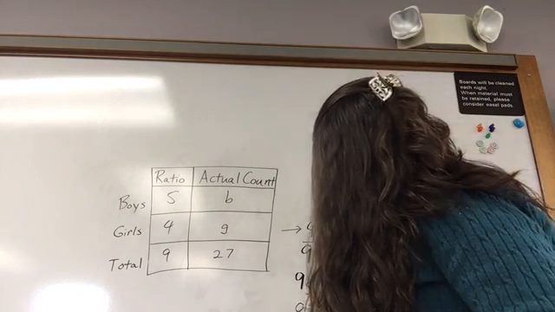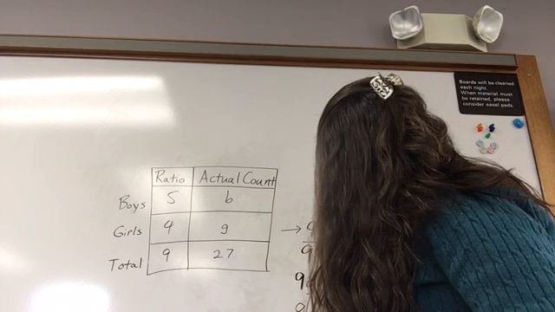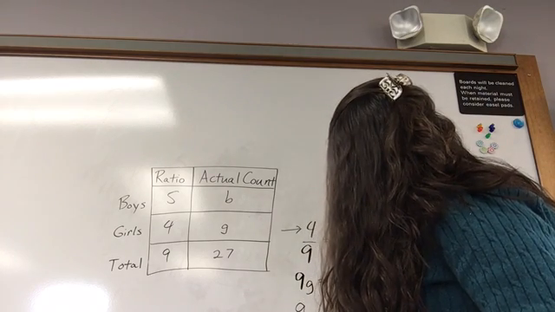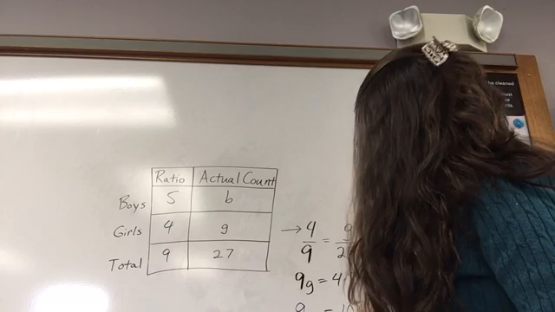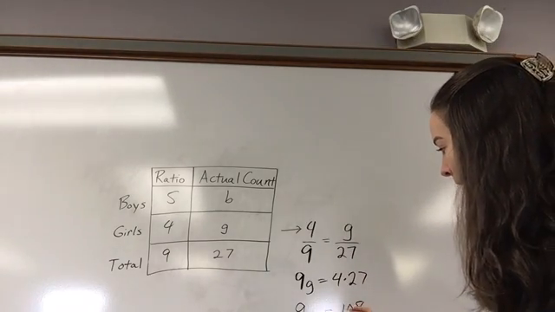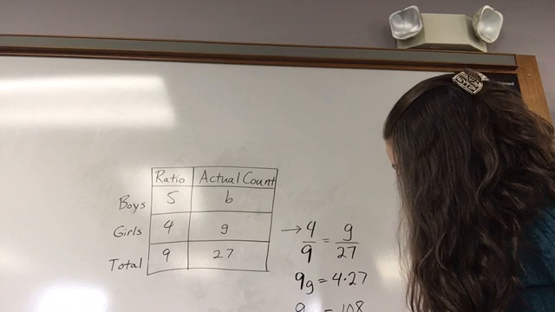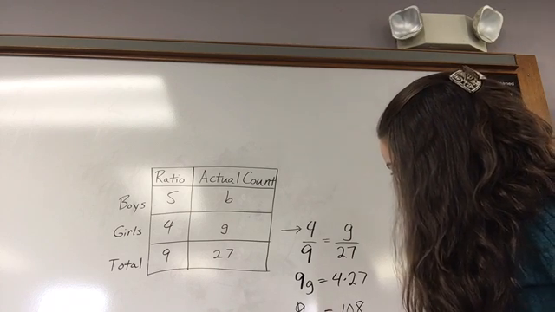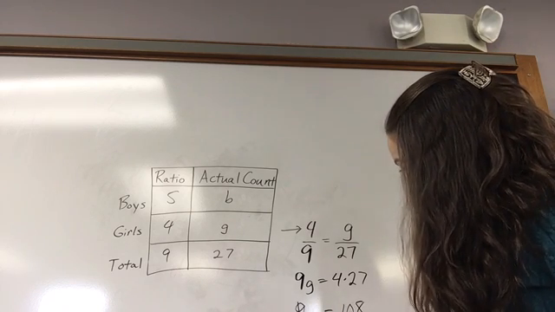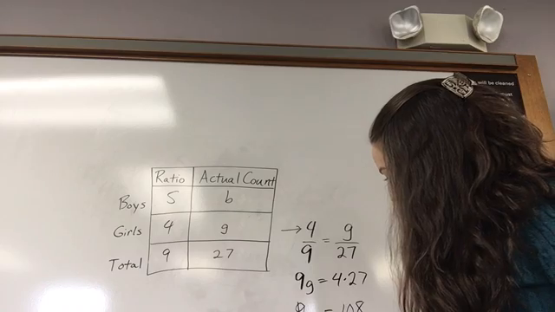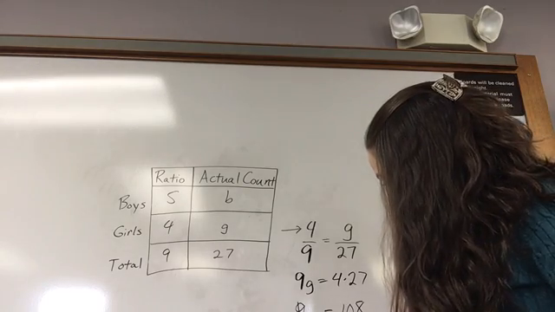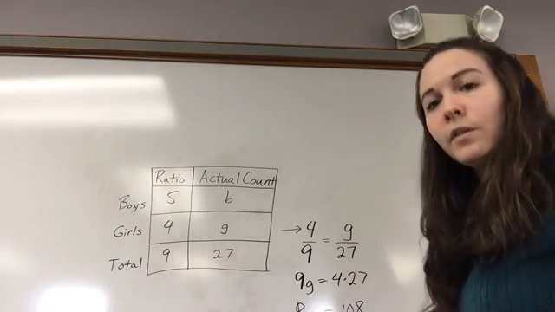So now we have 9G equals 108. Now we have to separate G's, so we'll divide both sides by 9. 9 cancels out. 108 divided by 9 equals 12. So we are left with G equals 12.